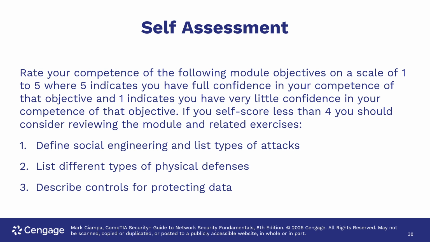All right. So you have the opportunity to rate your competence of the following module objectives on a scale of 1 to 5, where 5 indicates that you have full confidence in your competence of that particular objective, and 1 indicates that you have very little confidence. You should be able to define social engineering and list the types of attacks, list different types of physical defenses, and describe controls for protecting data.